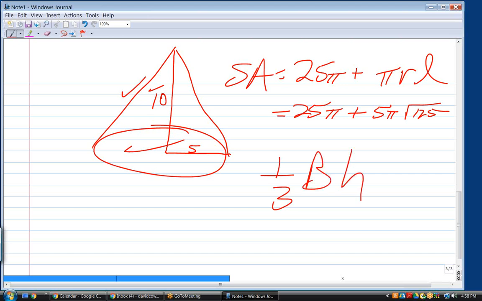No lateral measurement involved. But when you have things like cones or pyramids, surface areas turn out to be a function of lambda. That's a Greek letter, and it means that lateral distance, not the vertical distance, but the side distance.